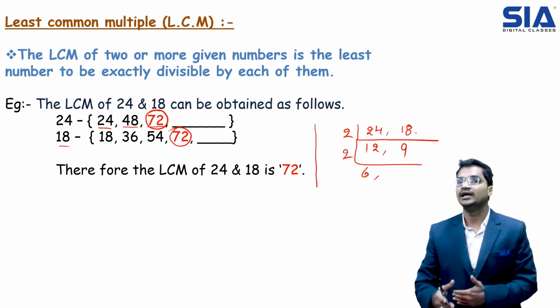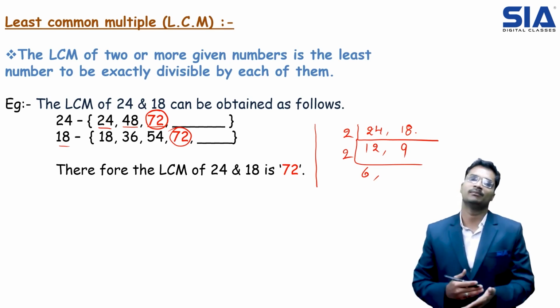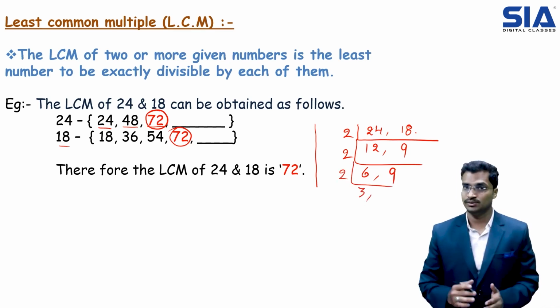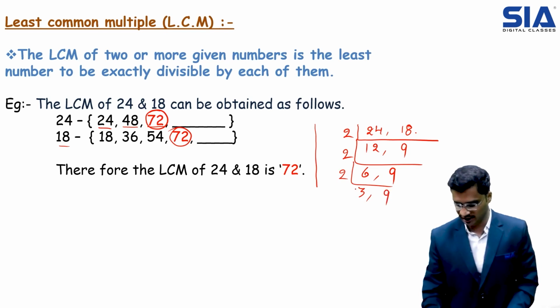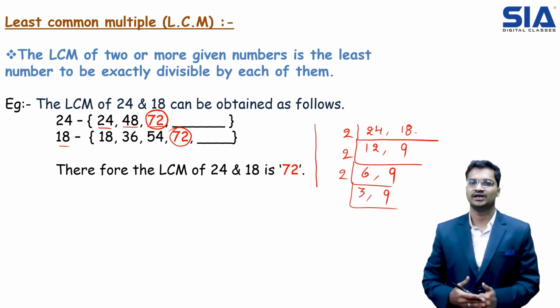The number 9 is not divisible by 2, so we leave 9 as it is. Next, 2 threes are 6, and 9 is not divisible by 2, so again I leave 9 itself. Now we are not left with any multiples of 2.